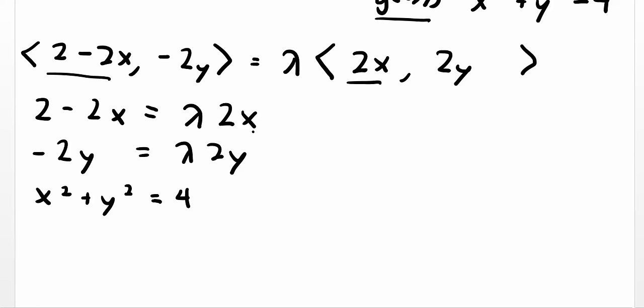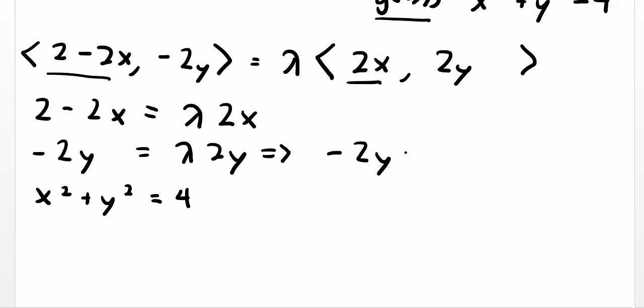So we're solving a system of equations here with 3 variables and 3 equations. The unfortunate part is that there's not a surefire way to always solve these equations, so you have to use a little bit of intuition. Typically what you'll do to start though is to solve the first 2 equations for lambda and set them equal. So let's see what happens if we try that, starting with this one.